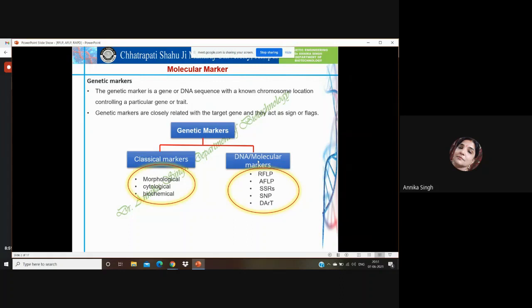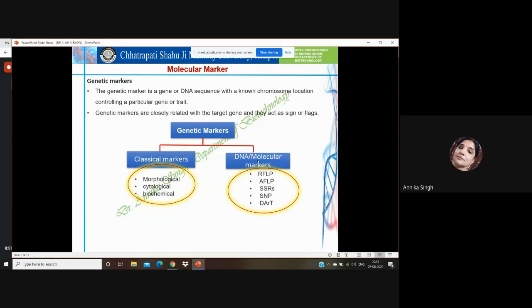And this polymorphism arises because of insertion, deletion, point mutation, duplication, and translocation. These mechanisms are the basis of these polymorphisms, and it is not necessary that these polymorphisms also affect the activity of genes, but variation occurs.